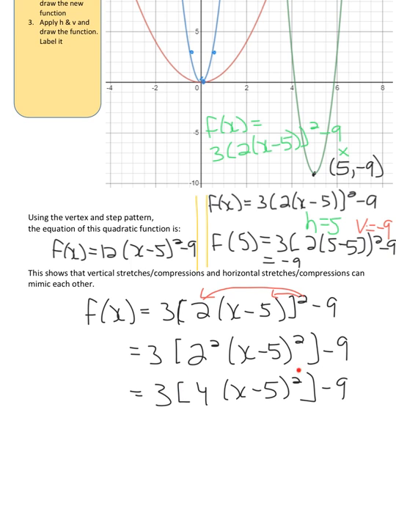So now these big square brackets are not needed because there's nothing on the outside of it. So I am now going to multiply this 3 times 4 together, and I get 12 when I do that. And then I have (x minus 5) squared minus 9. So now this, when I applied that squared on my b value and then simplified it, I end up with that other quadratic equation. So that's an algebraic way of looking at both.